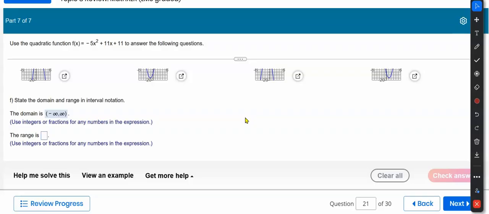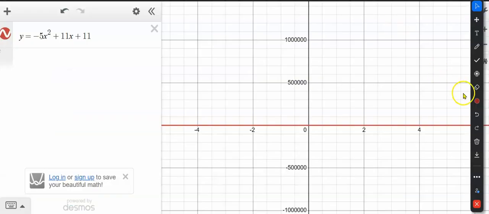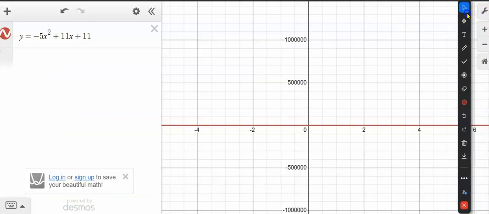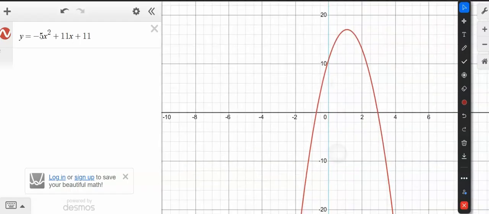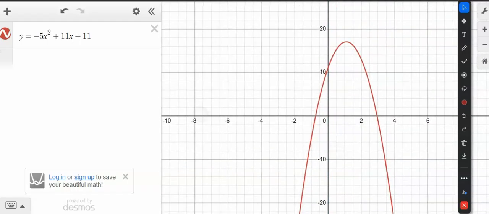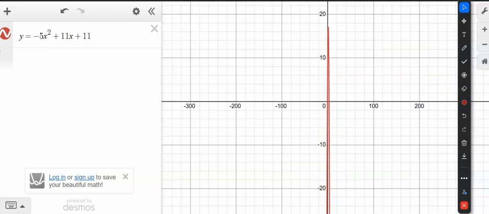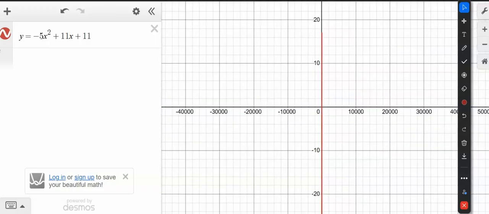Now the range, that is not going to be negative infinity to infinity. If I go back and look at my original picture, this time I'm going to smash the whole graph onto the y-axis. How much of the y-axis did we cover? Well, not the whole thing.